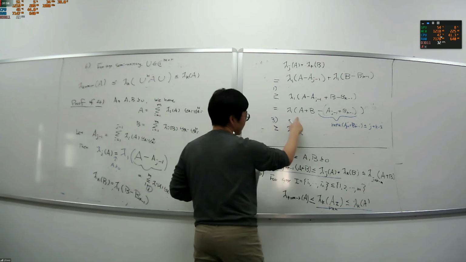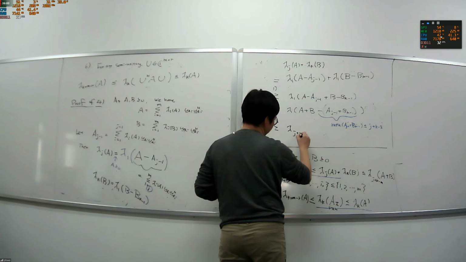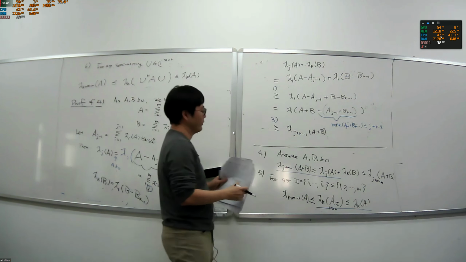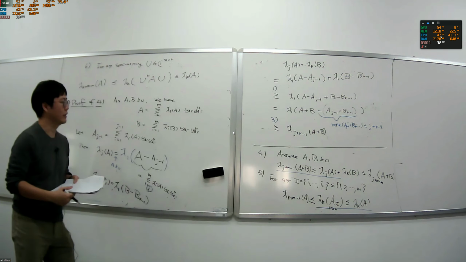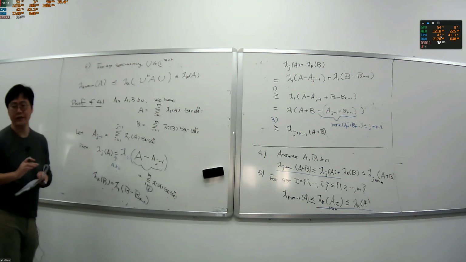Now K is 1, and this number is J plus K minus 1. So we apply the third result, the third inequality.